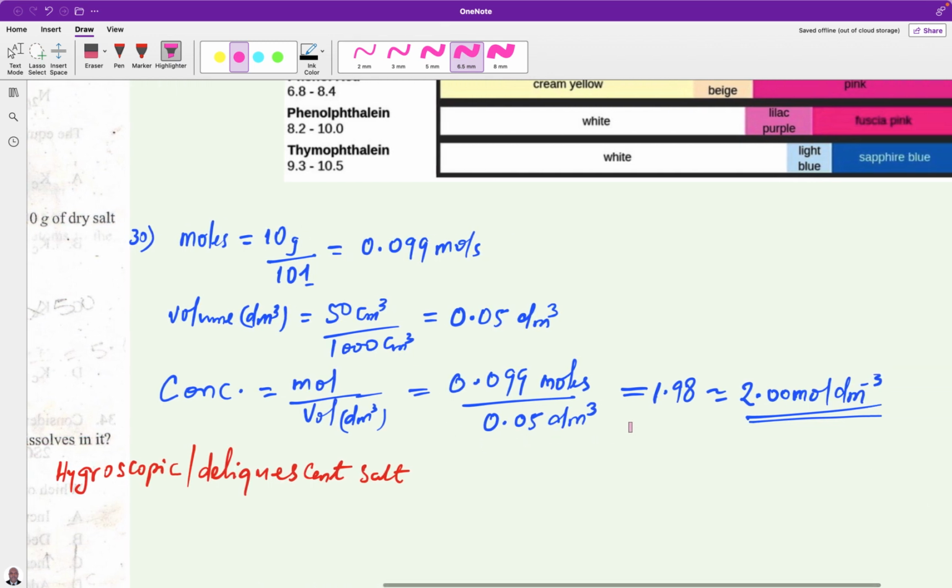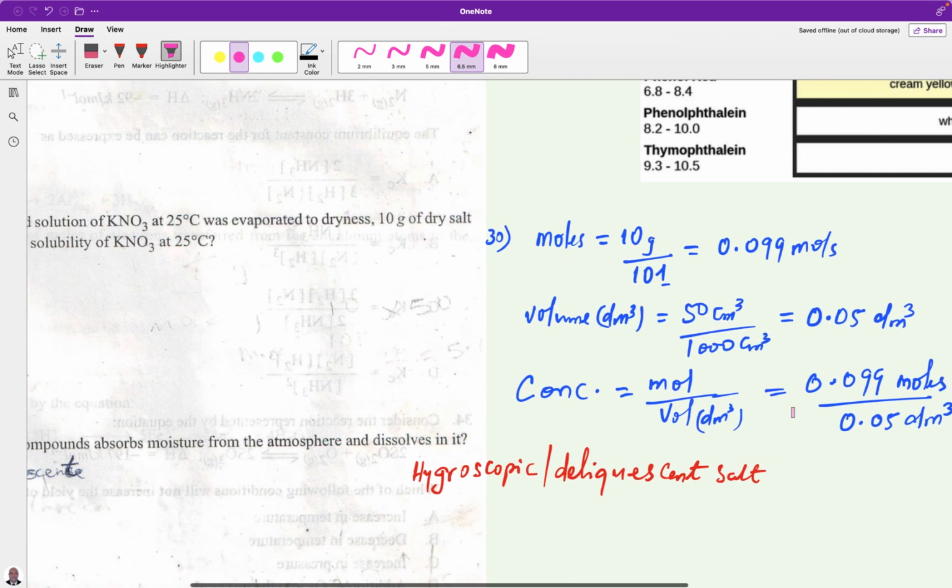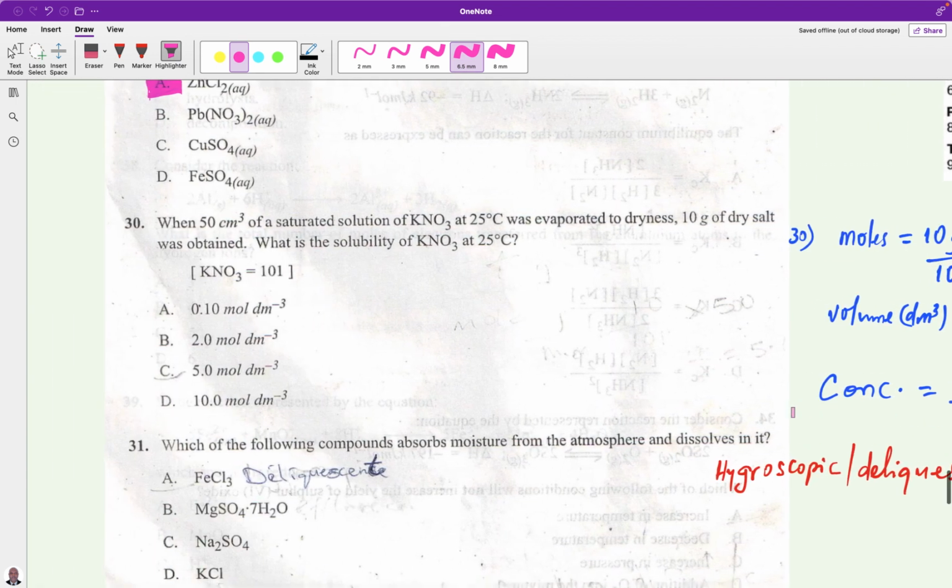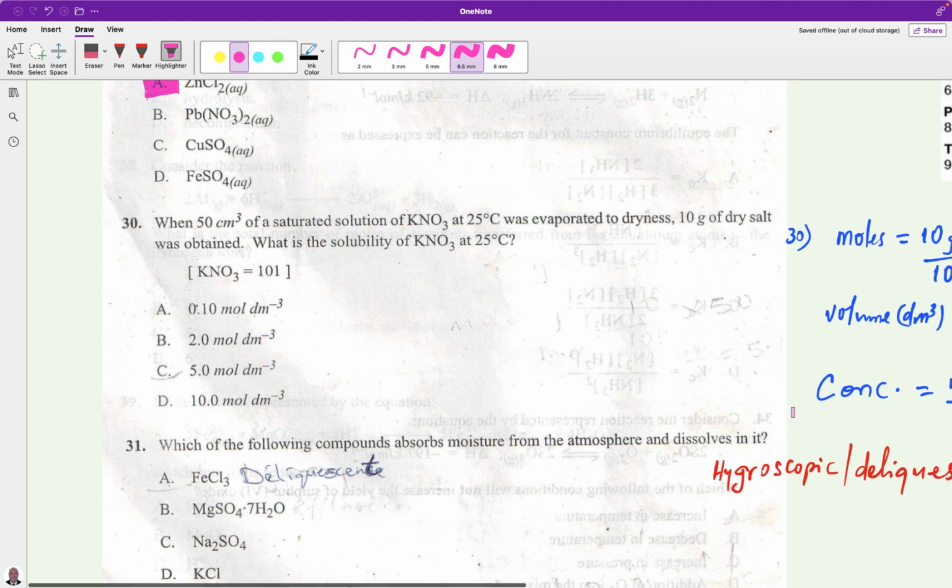Our final answer is 1.98, which is approximately 2.00 mole per dm cube. And if we go to our answer column, our answer will be B for 30.